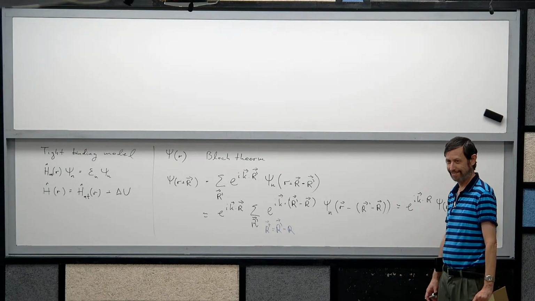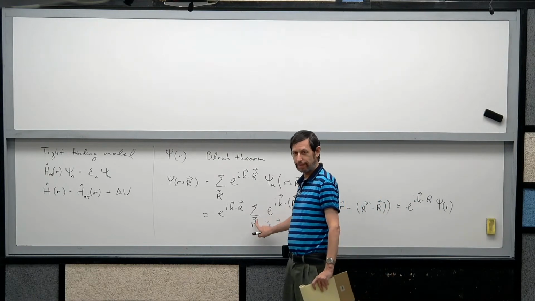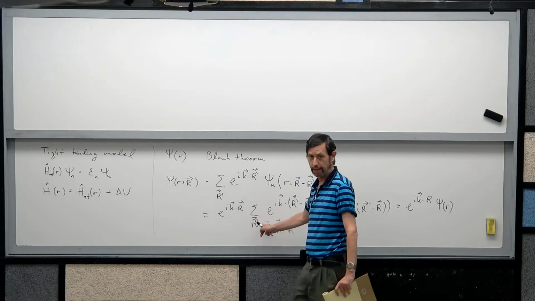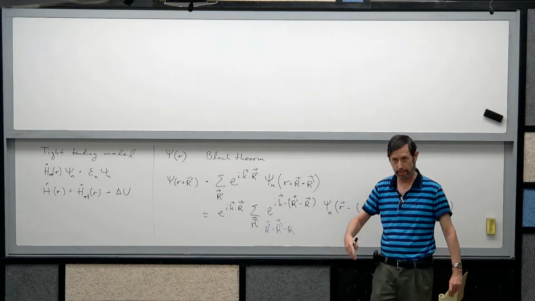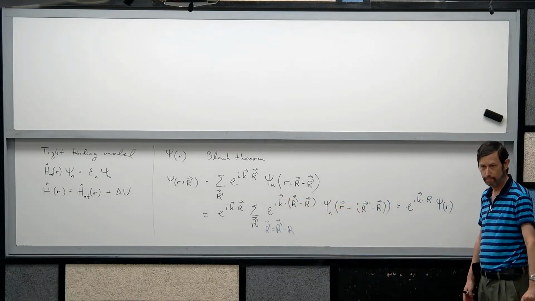Question? What's the meaning of the r prime? It has no meaning, just a summation. It's a mute index. So I can always replace it by something else because it goes over infinity. It has no boundaries.